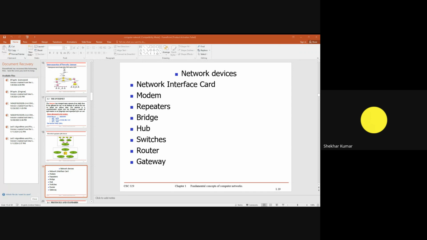So it connects two different networks, two hosts, two network segments. It uses the physical address, the MAC address, for transferring the data. So a bridge can also connect physical LANs into a larger logical LAN.